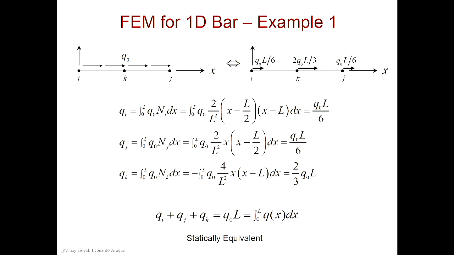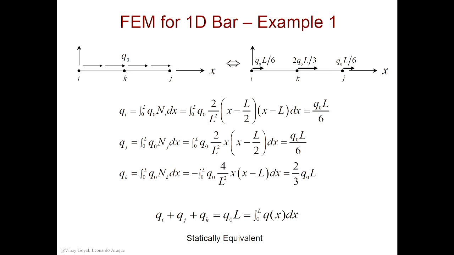Add it up really quickly. Q naught times L. Isn't that what I should get for the total distributed force? It's working. But the cool thing is that finite elements told you how much to put in each node. You doing it on your own would be really hard. It's a quadratic approximation, so it's unclear how much to put in every node, but the math works out. And you can see very quickly how automatic the process is becoming. That's what I'm trying to prove to you as we move through this class.